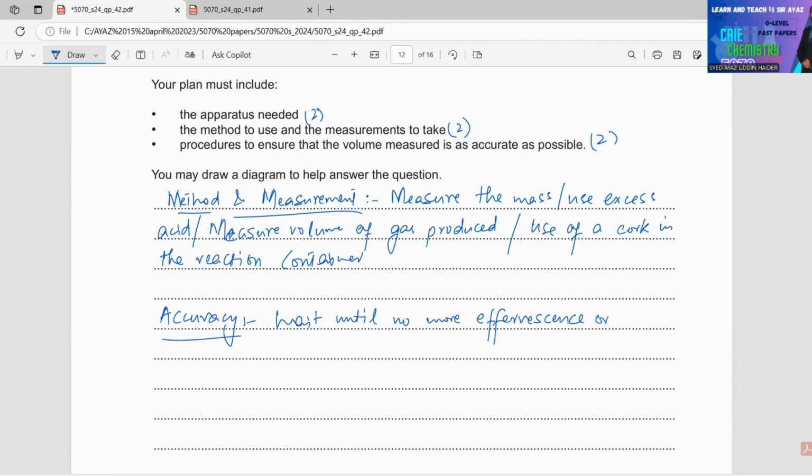You can even write no change in volume, because gas is produced, so there must be a change in volume. You can even write no solid remains, or the carbonate has reacted.